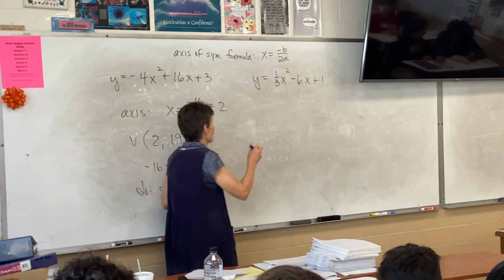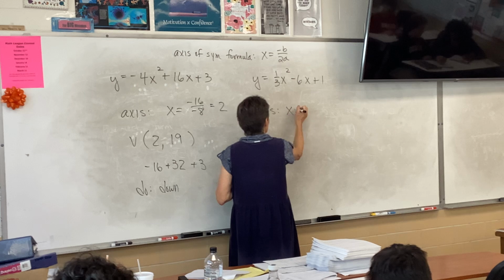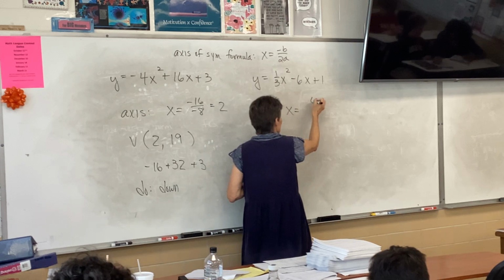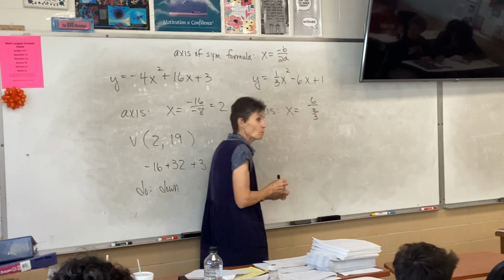All right, let's try this one. What is my axis of symmetry going to be? Negative b, 6, over 2 times 1/3.